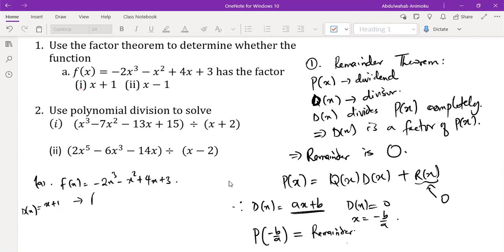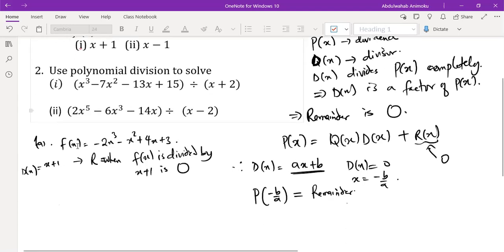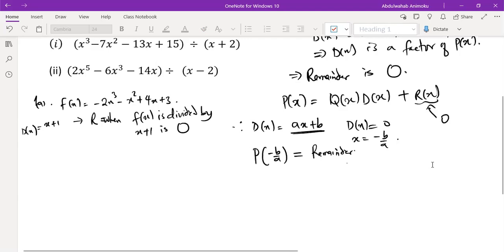The remainder when f of x is divided by x plus 1 is 0, right? So this is what we need to figure out. Is this actually 0? And we're going to use the remainder theorem to do this.